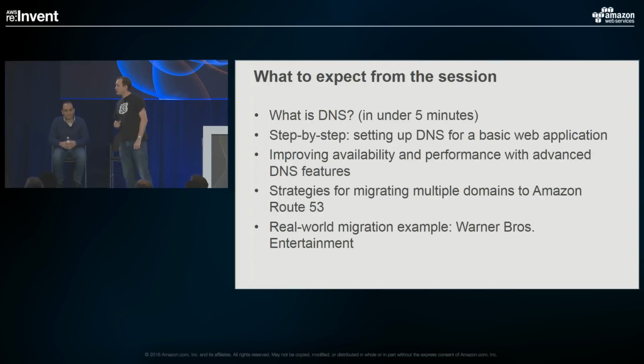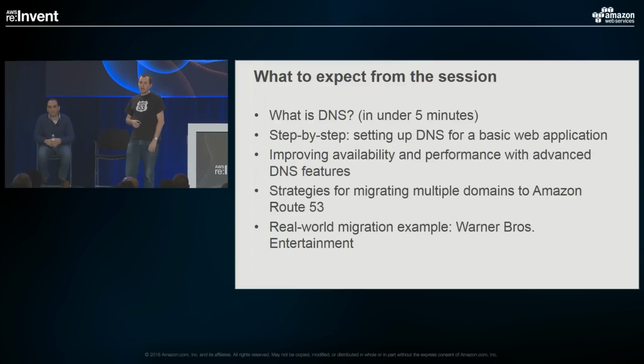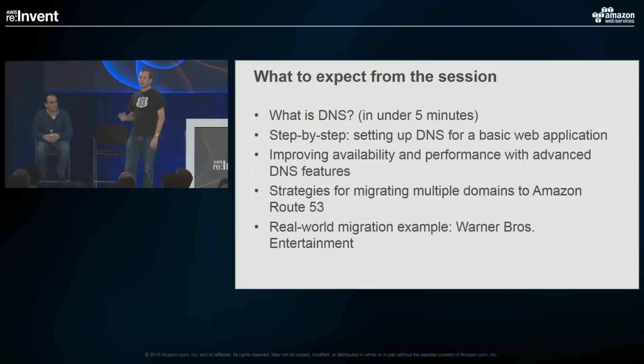We'll talk a bit about some of the advanced features that AWS or Route 53 offers to improve the performance and availability of your applications in AWS using DNS. And then I'll hand it over to Vahram, who will talk about Warner Brothers Entertainment's migration of very many domains over to Route 53 for DNS.